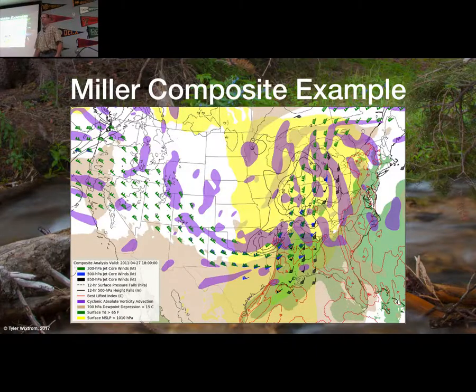But using MetPy and some modern graphics options through matplotlib, we're able to actually add transparency to all of these color shaded fields, as well as pick out things like jet axes for the 850, 500, and 300 hectopascal jet levels.